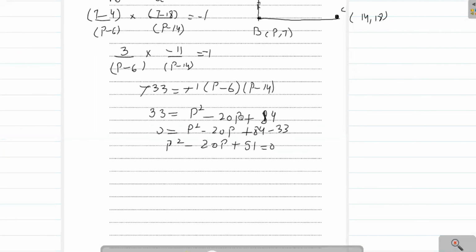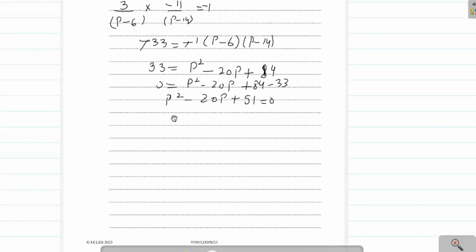Now we factorize this expression. Therefore, 17 times 3 is 51. Therefore, by mid-term breaking of 20P, it would be P square minus 17P minus 3P plus 51 equal to 0.